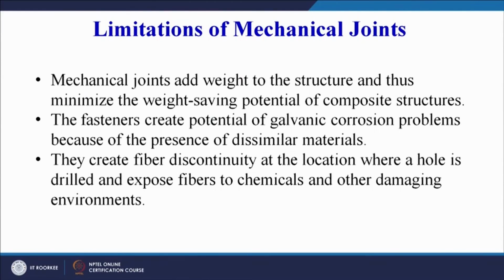Now composites are usually developed for weight saving purposes, and if we are using mechanical fasteners made up of metals, then the fasteners will add weight to the structure and our major purpose of saving weight is lost. The fasteners create potential for galvanic corrosion problems because of the presence of dissimilar materials.